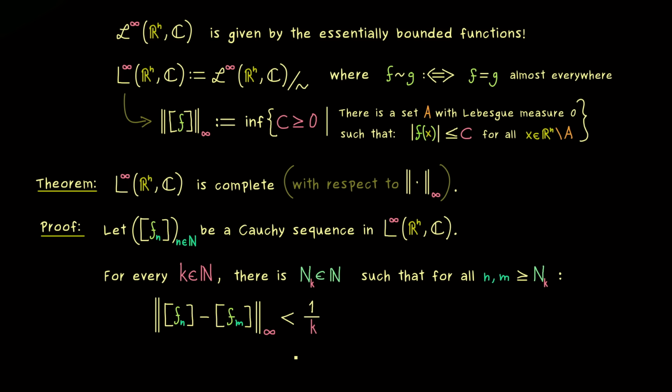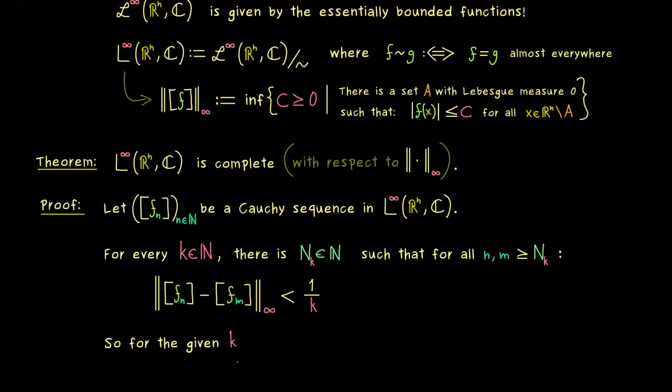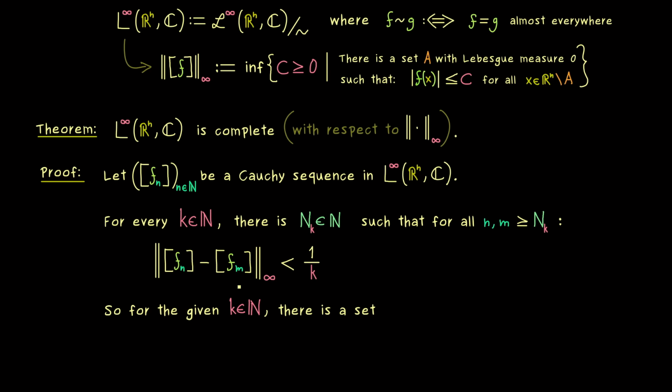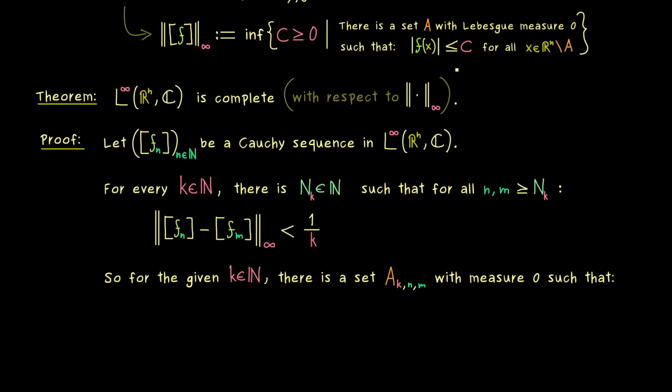And at this point you already know that we can also have this inequality pointwise if we exclude a set with measure 0. So let's formulate this for our given k. So for the index k and the two indices n and m, we find a measurable set A. And to make this clear, let's call it A_knm. And now you know, outside of this set, we have the inequality pointwise.